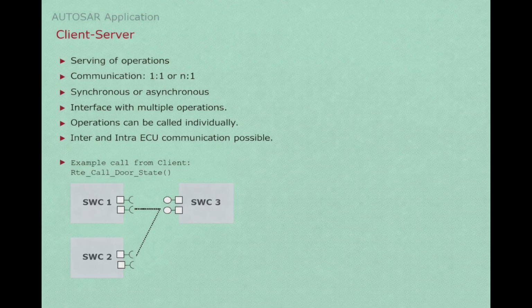Let me give you an example. Let's say you have this component and it is capable of, for example, calculating logarithms. Then it can have a port. Let's say this port is named logarithm, and it can have several operations connected to it. Similar to how you can have multiple data elements for sender receiver ports, you can have multiple operations on a client server port.